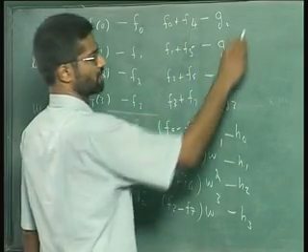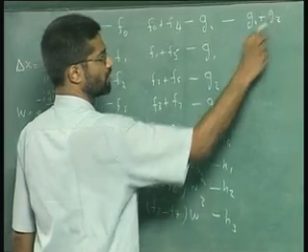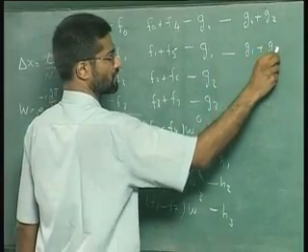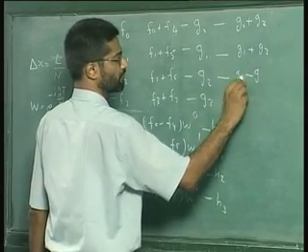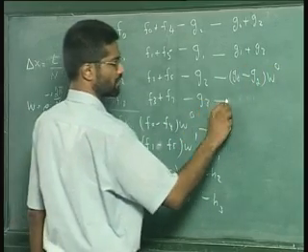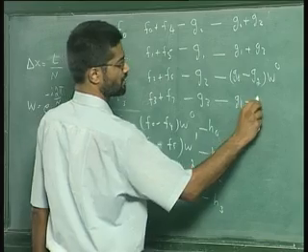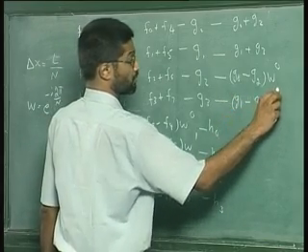So now we did this and we said that here I will replace by G0 plus G2, and this I will replace by G1 plus G3, and this is G0 minus G2 multiplied by W power 0, and this is G1 minus G3 multiplied by W to the power 2.